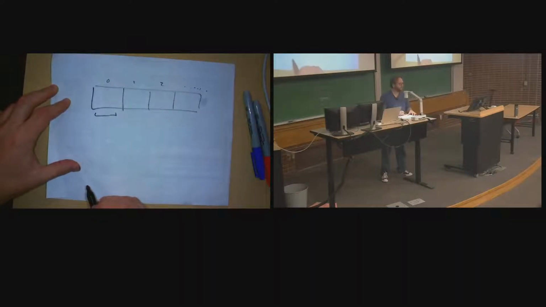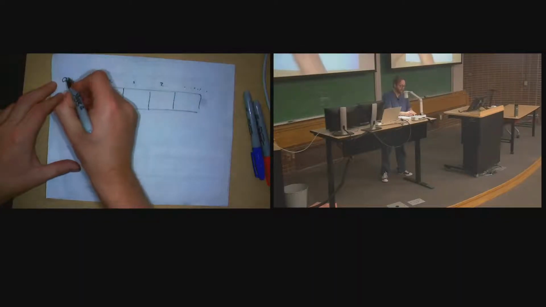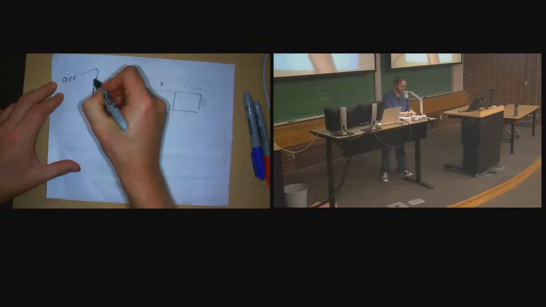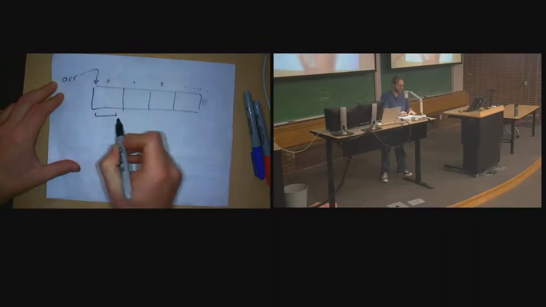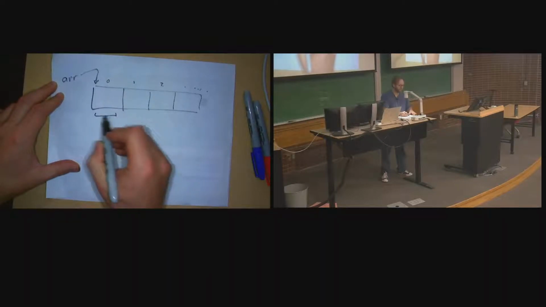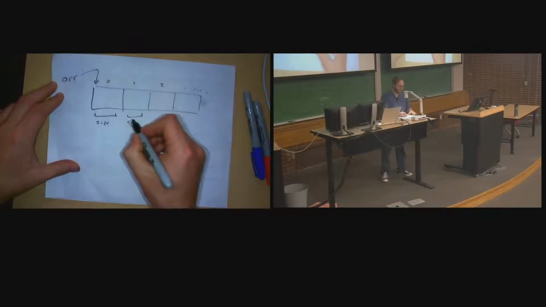Now we have a pointer to the first one. That's ARR. That's pointing to this memory address right here. How many bytes does each element take? We gave that to the function for a reason, and now we're going to use it. There are size bytes here, size bytes here, and size bytes here.